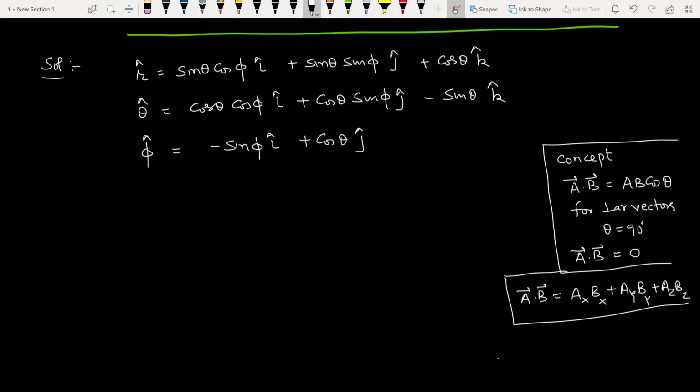For the next pair of two spherical polar unit vectors, please rectify, beta, this is phi, this is not theta, this is wrongly written here. So r cap dot phi cap. Now we have selected these two spherical polar unit vectors.